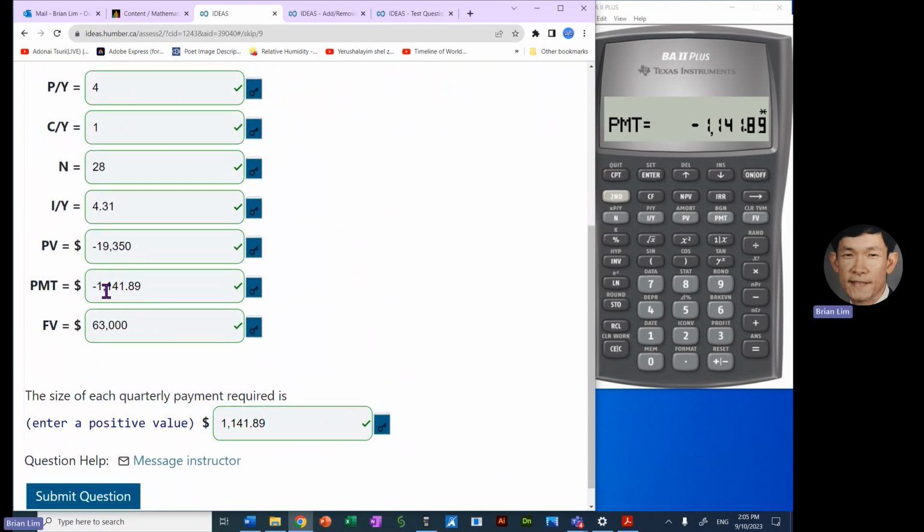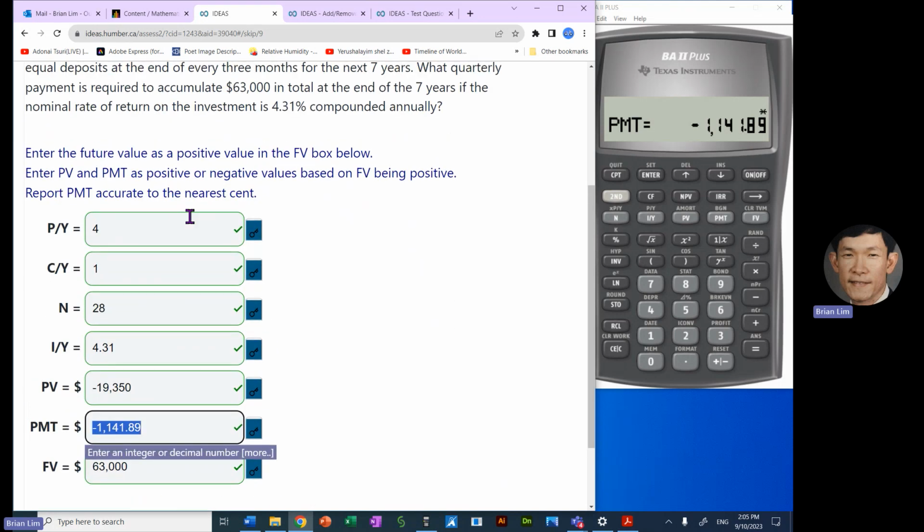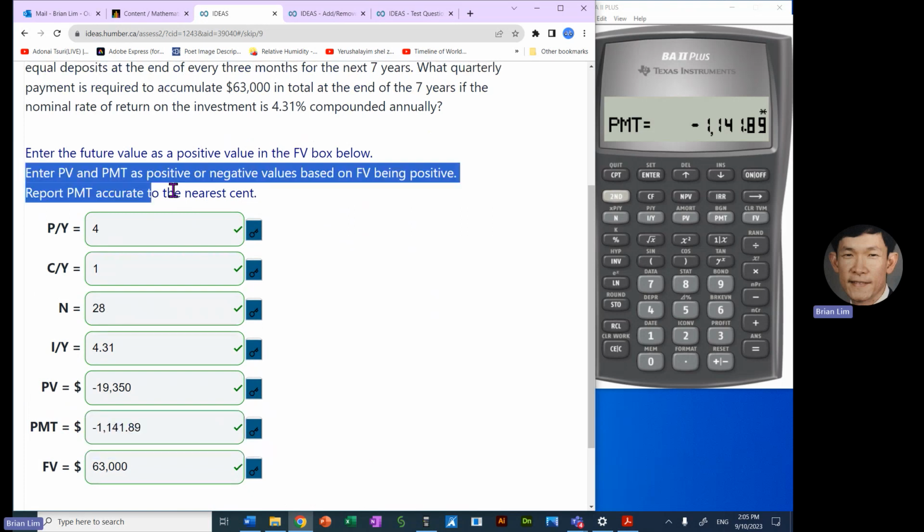Now, as I told you, this has to be the correct sign, so please be careful. The present value has to be negative because the future value was positive. The computation was done, and the payment turned out negative, so it must be entered as it is, simply because up here the instructions said present value and payment should be positive or negative based on the future value being positive.